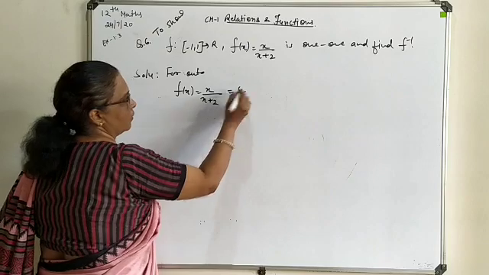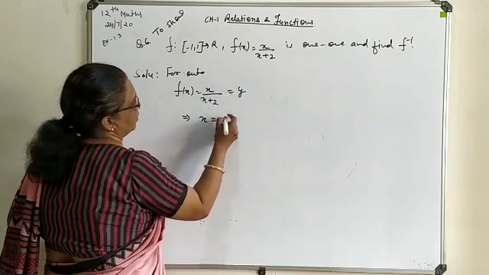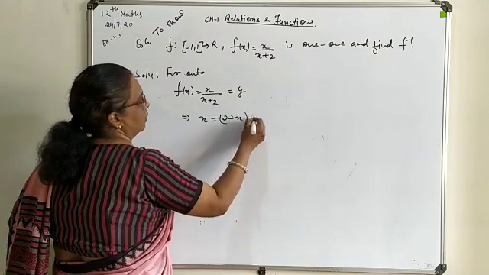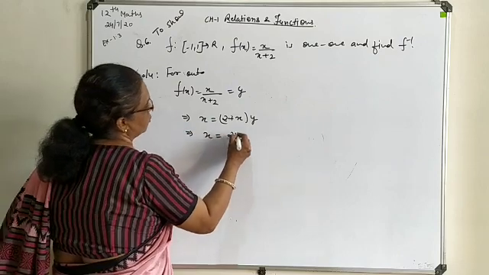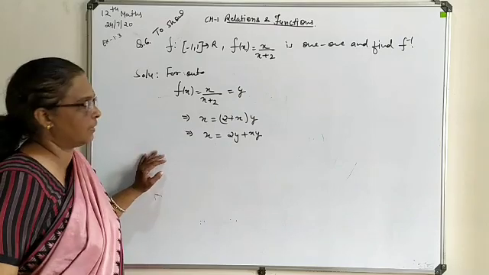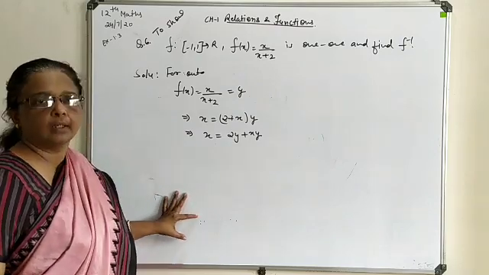It is to be supposed as y. Make it cross multiply. So x is equal to (x + 2) into y. Further this is 2y and this is xy. What we have done in the previous case, x we write in terms of y and that will be considered as the inverse of that.